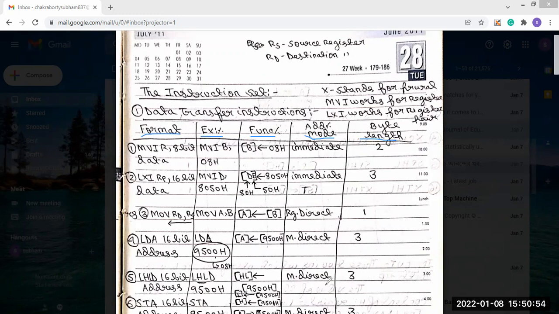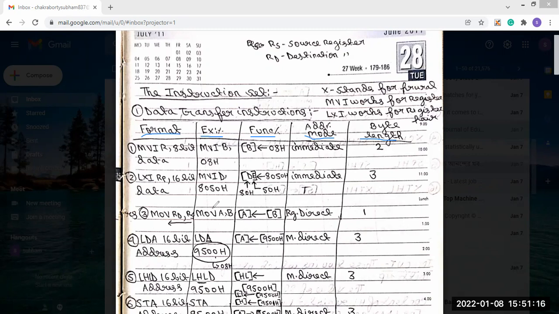This is all the data transfer instructions which we have, and examples will be given. I will show you how the functions work, then what the addressing mode of the instruction is, and what the byte length is; we will discuss that.